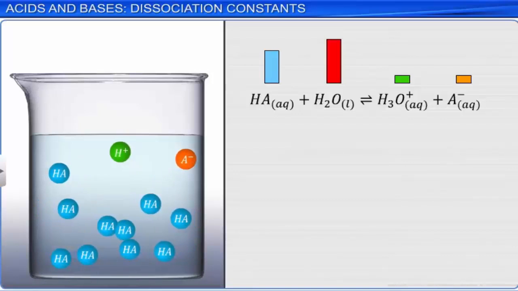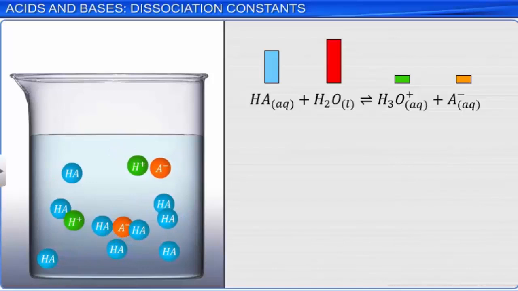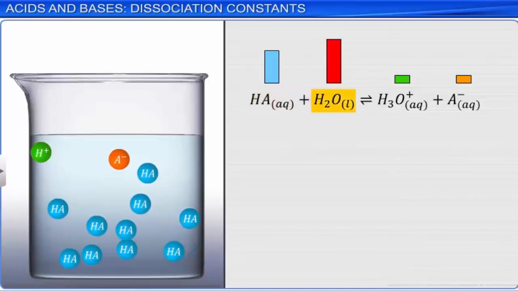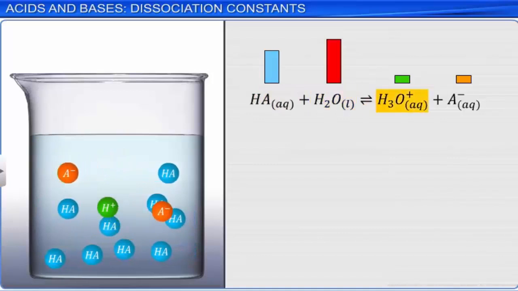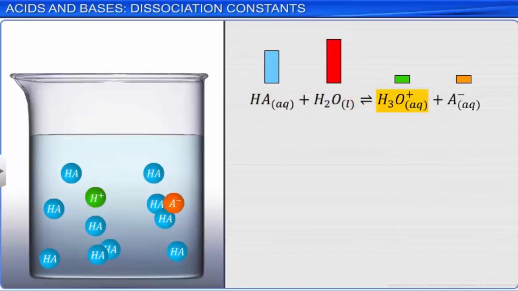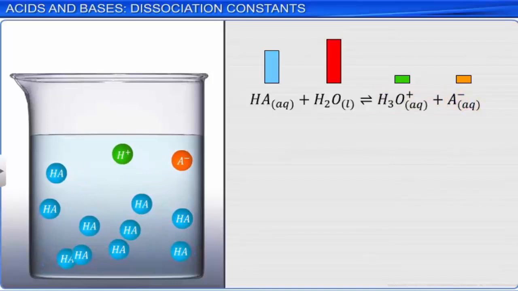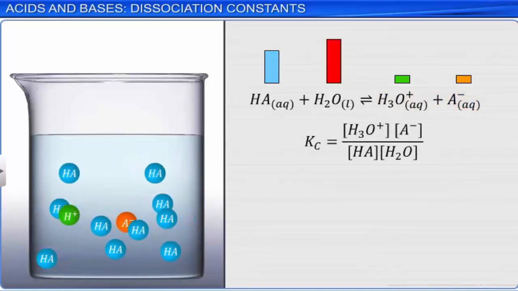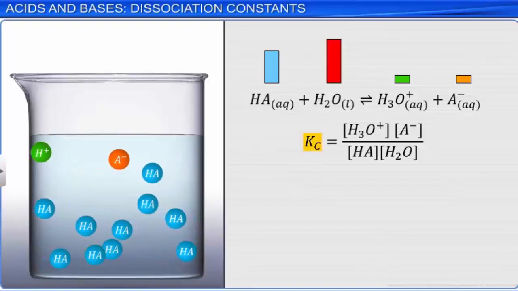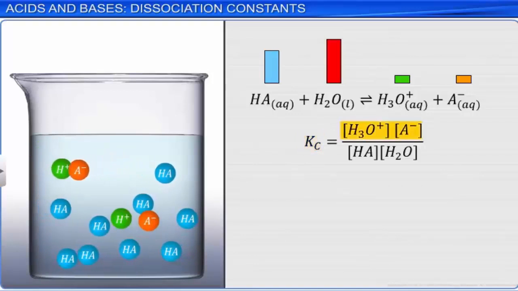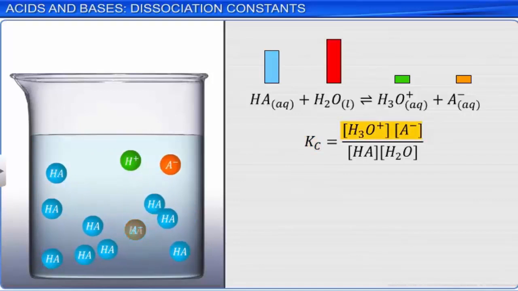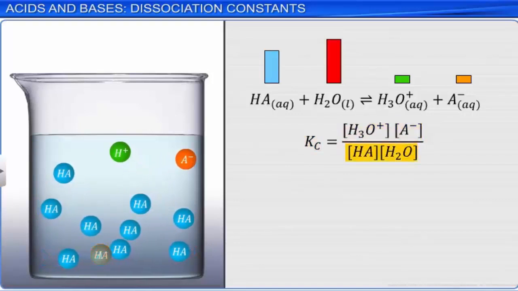This equilibrium can be expressed as HA(aq) + H2O(l) in equilibrium with H3O+(aq) and A-(aq). The equilibrium constant for this reaction can be written as Kc is equal to the product of concentration of H3O+ and A- ions divided by the product of concentration of HA and H2O.